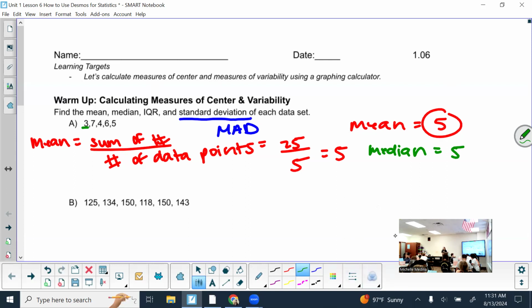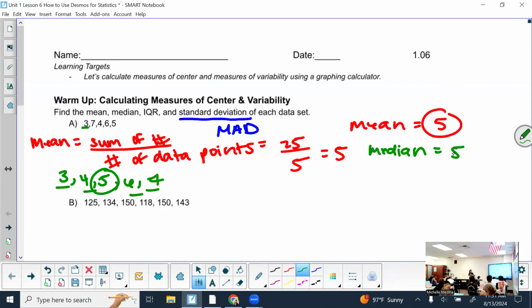The numbers have to be least to greatest. 3, 4, 5, 6, 7 would be least to greatest. And then you go left, right, until you get a middle number. Or if you have 2 numbers in the middle, then you average them, but you'll only have 1 number in the middle when you have an odd number of data points. So there you go. The median is 5.